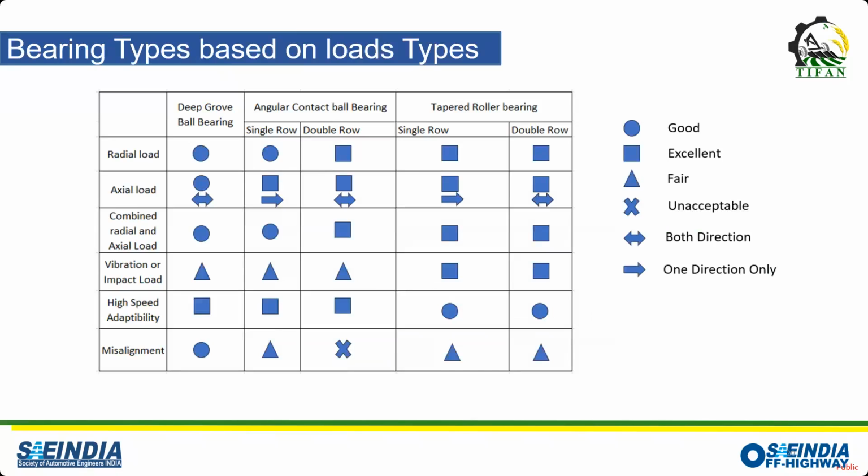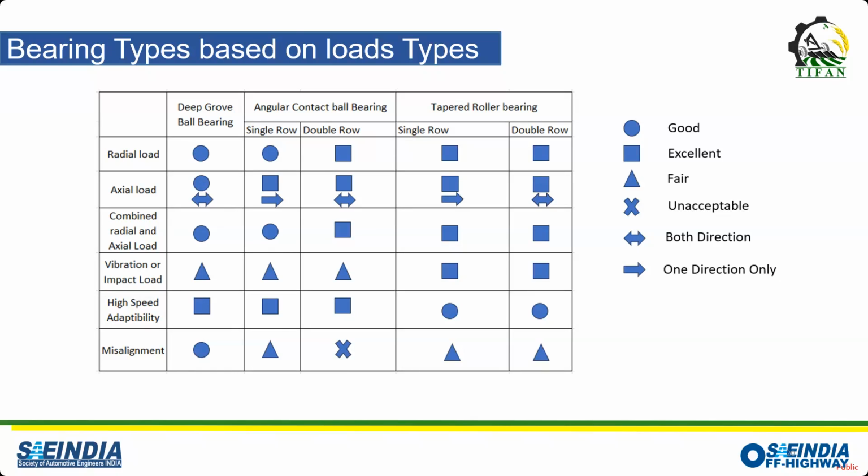Okay, yeah, Dharmendra, go to the next slide. In detail, I would like to cover this: if I consider just a radial load acting on a bearing, and I go to the commercial options and select which one I want to use, you will see I have mentioned symbols here: the filled round is good, square is excellent, and triangular is fair.